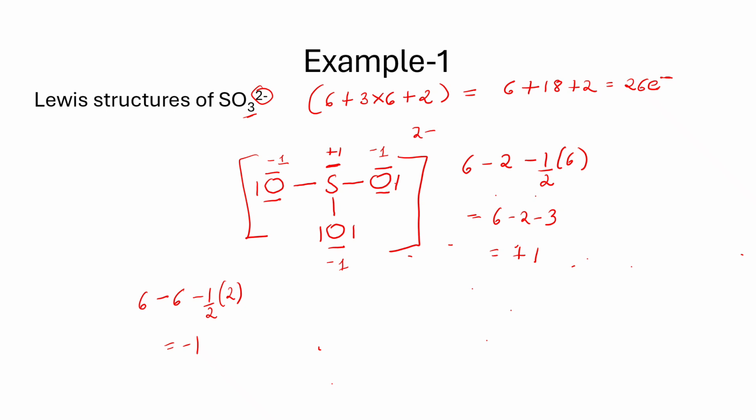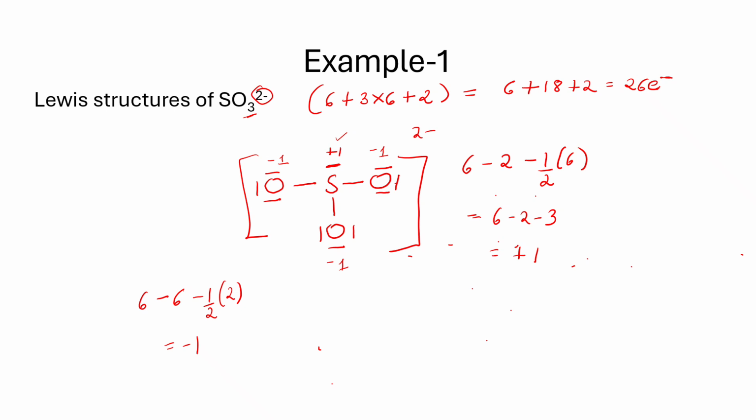But if we look at the rules on the previous slide, the first two rules are not quite obeyed in this scenario. First of all, there is no atom here which has a formal charge of 0, right? And the second is that there is a separation of charge happening. So we have positive charge appearing on one atom, and negative charge appearing on others, which elevates the energy of this structure.